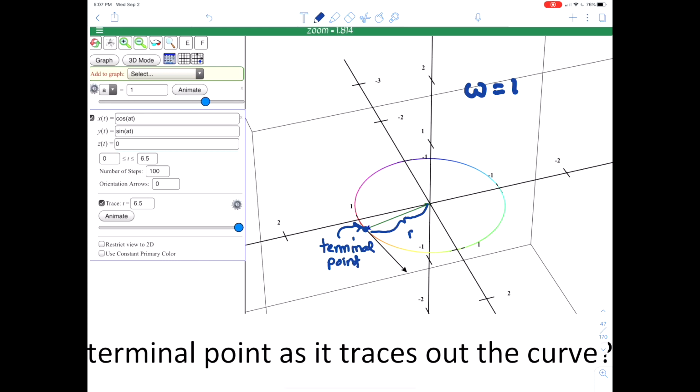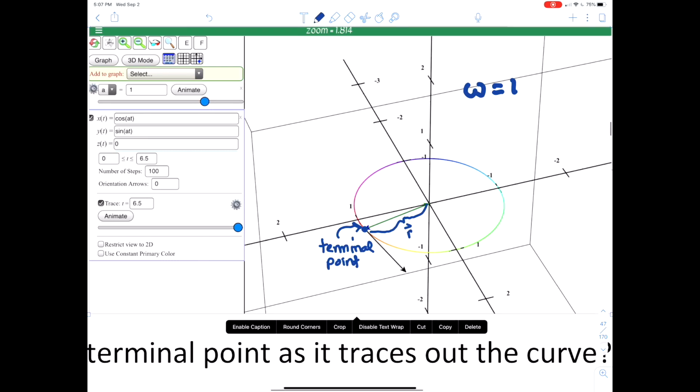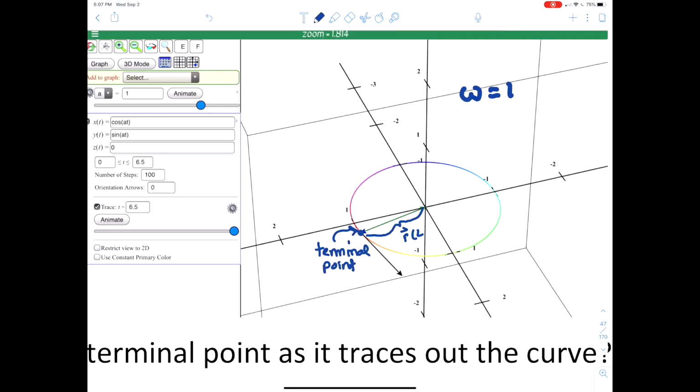And this vector here is our vector valued function r at t. In this case, it was equal to cosine 1t, because omega was 1, times i, plus sine 1t times j. And then I just zeroed out the k vector. Cool?